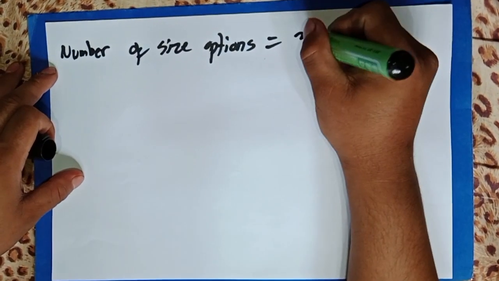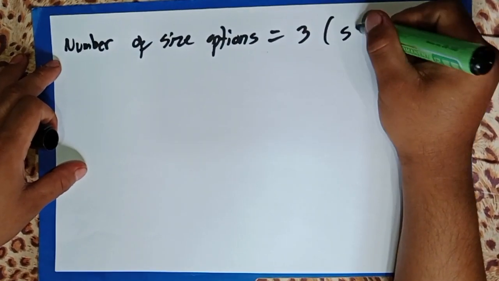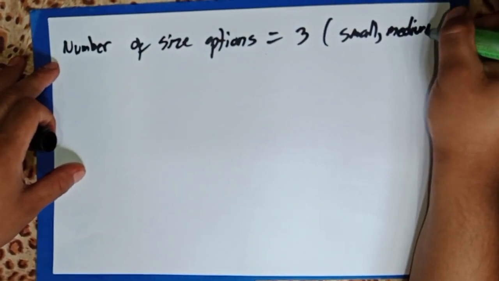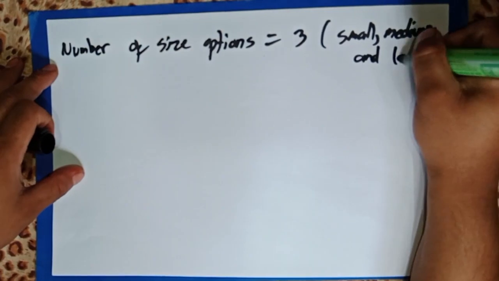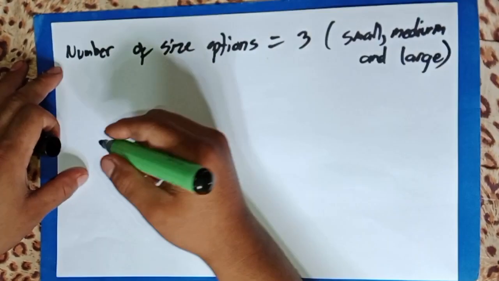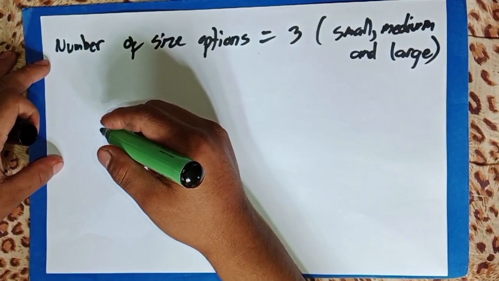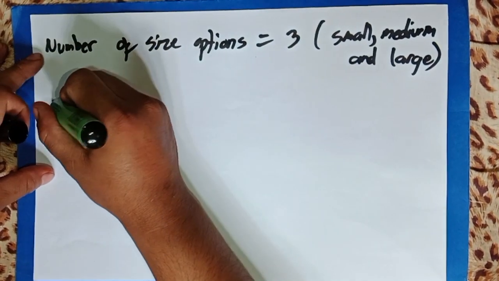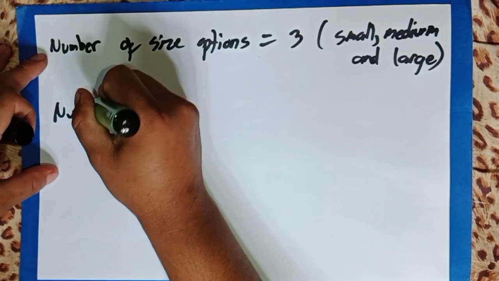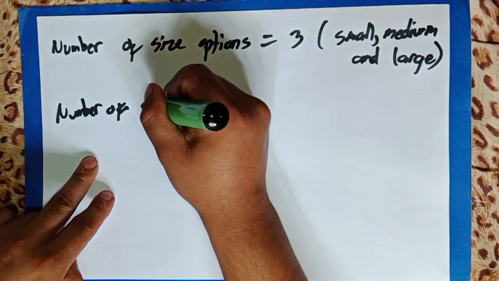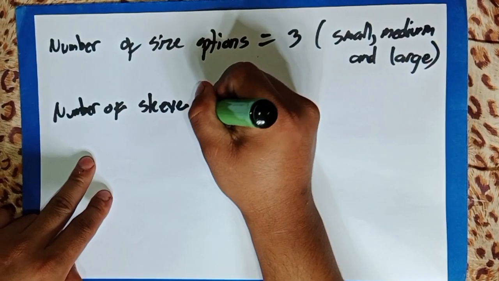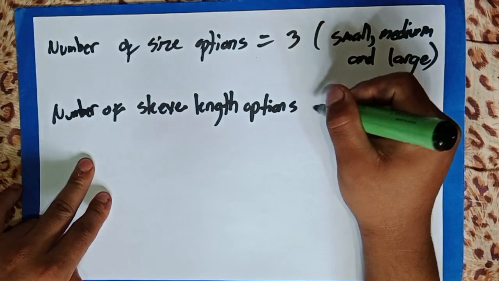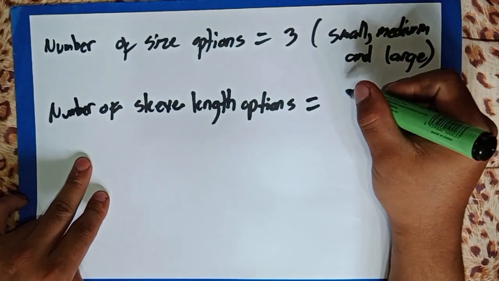So we have three. These are small, medium, and large. Next, we need to find the sleeve length options. The number of sleeve length options, we have two.